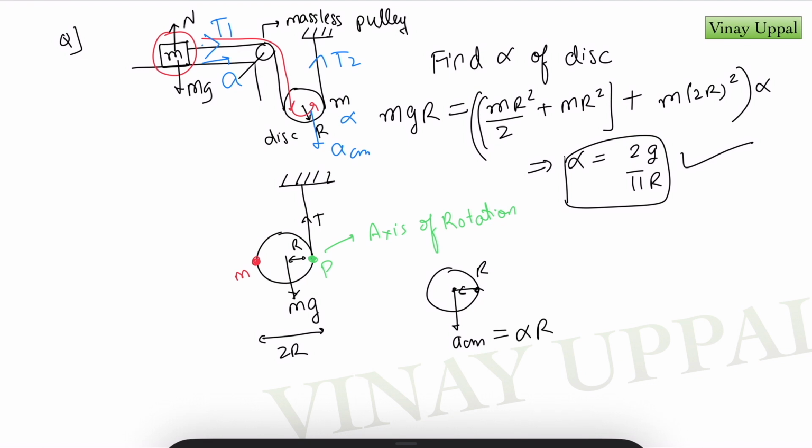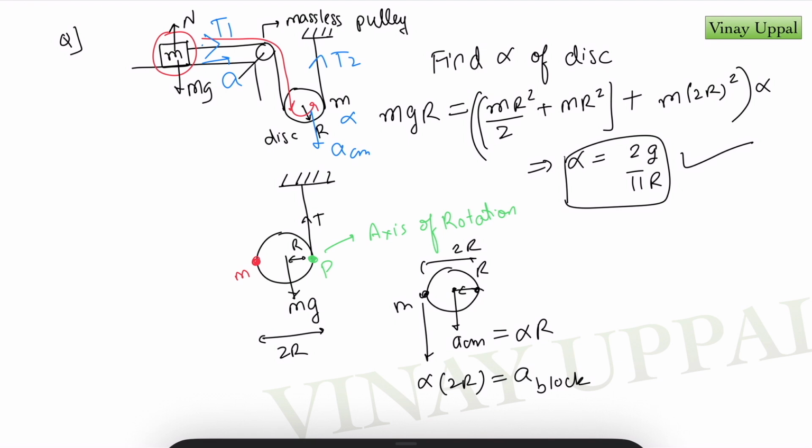Then you can ask me, what is the acceleration of mass m? Since mass m is at a distance of 2r from the axis of rotation, the acceleration of block m would be alpha into 2r. That's it. It's as straightforward as that.